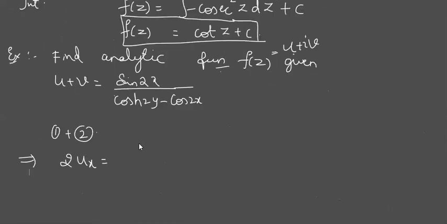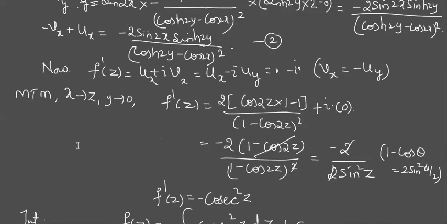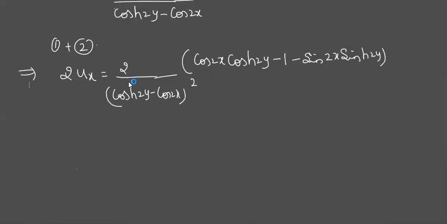So I'll write 2 divided by (cosh 2y minus cos 2x) the whole squared, so that in the numerator I'll get cos 2x cosh 2y minus 1 minus sin 2x sinh 2y. Am I right by adding? So the 2 will be cancelled. This is my ux. Similarly, I take equation 1 minus equation 2.